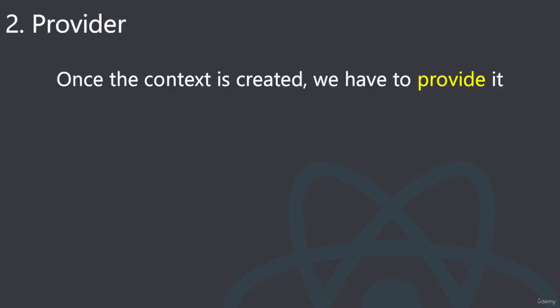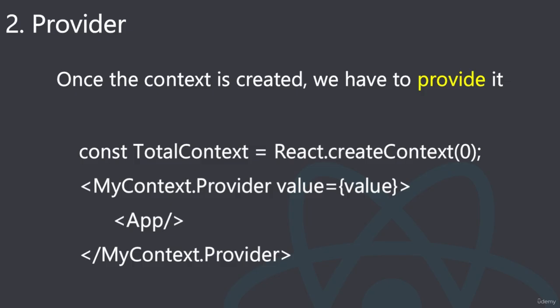Now comes the second step. Once the context is created, we have to provide it. If you see the syntax, it goes like this: myContext.provider, then there is an attribute called value. This is a fixed attribute. Then you pass a value which can be a string, a number, a boolean value, or even an object literal.